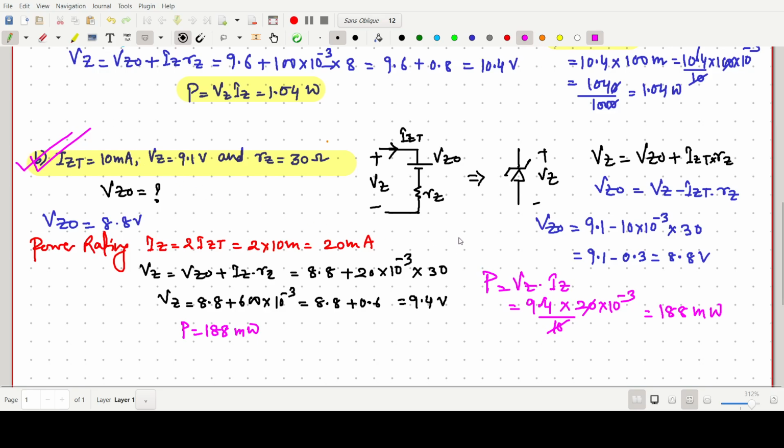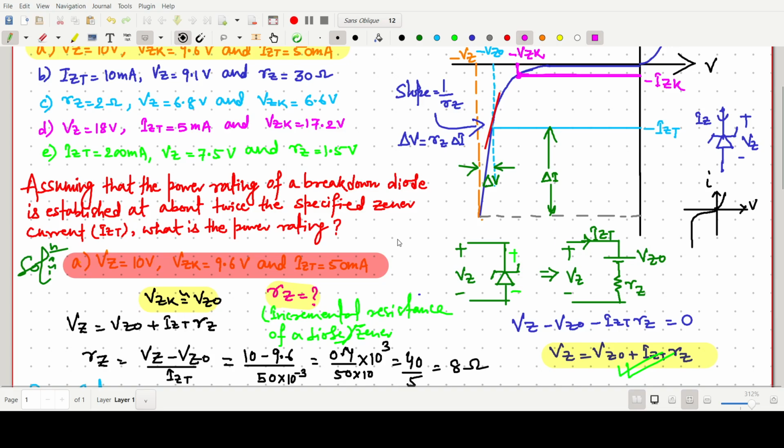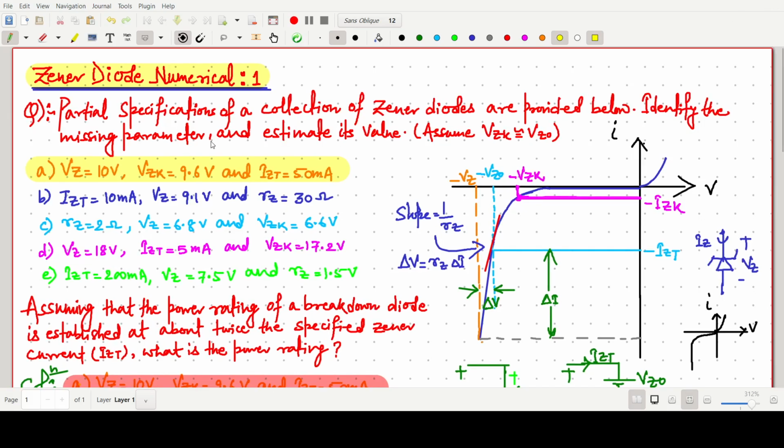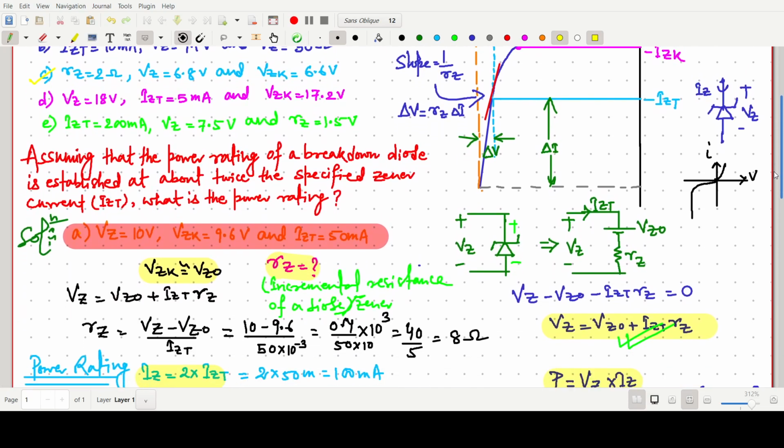Now it is a very simple one. The second part we have already solved. Now we have to go for the third part. Again, Rz is given, Vz is given.